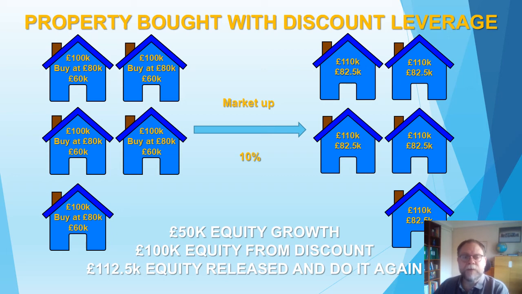By following the two strategies, leveraging price and leveraging pounds, we're now releasing more than that, even though the market only went up by 10%. And you've still got 5 properties producing revenue. So if we compare this to the investor that bought for cash, we have 15 times the result for the same market increase. We still see 4 times the result of an investor who leverages mortgage but doesn't leverage price.